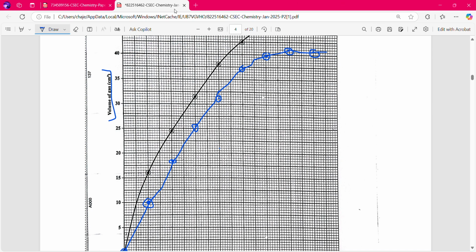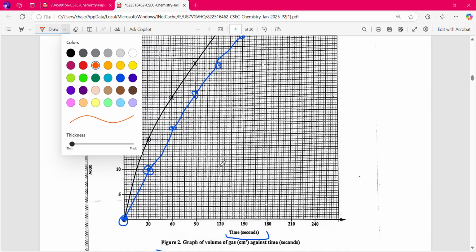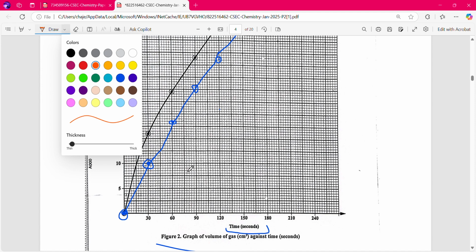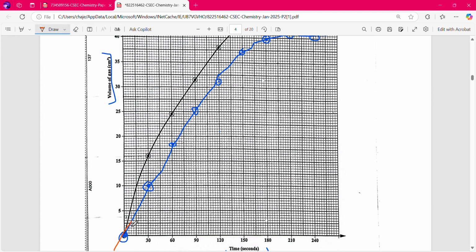Somebody? Yes. So the initial part of the graph is when the rate of the reaction is the fastest.